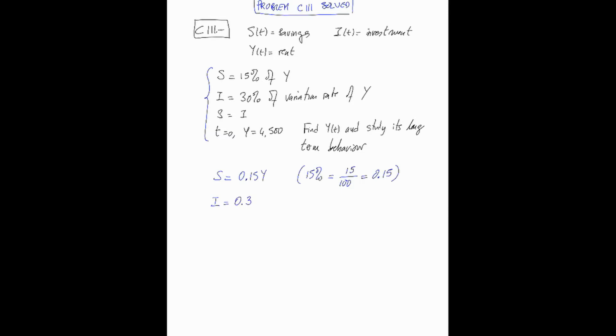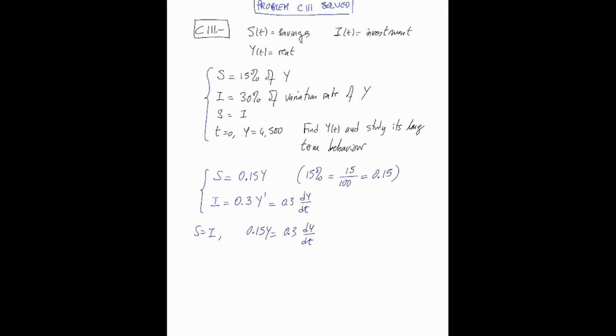The variation rate is the speed at which y changes, so this means y prime, or if you prefer, 0.3 dy over dt. Now from these two we have savings equals investment, so 0.15 y equals 0.3 dy over dt. Let's move things around.